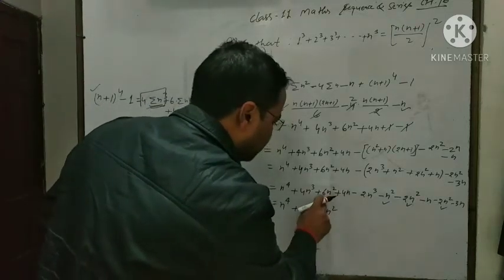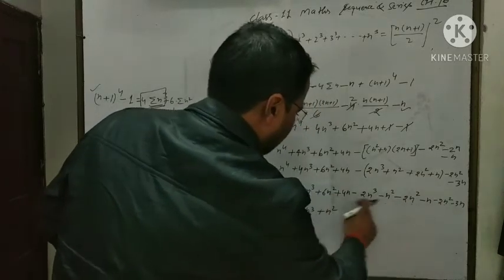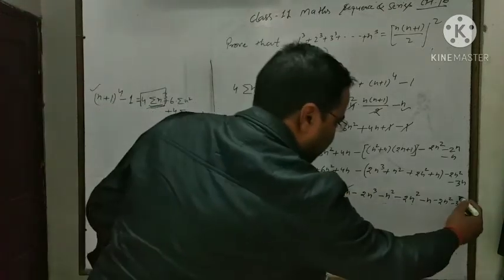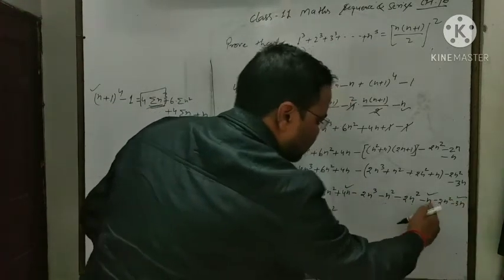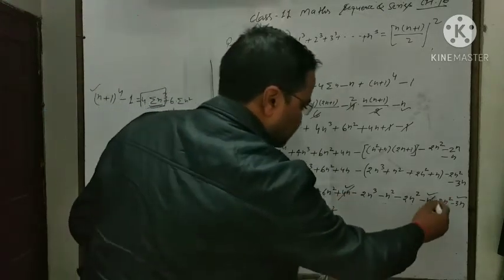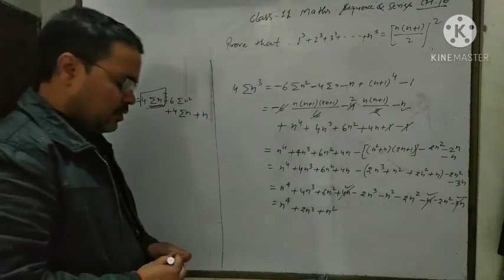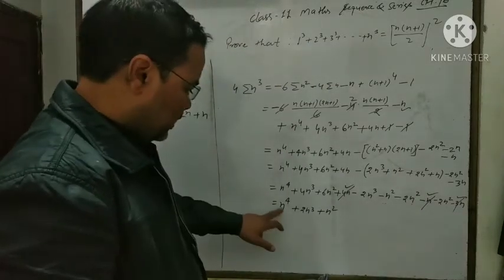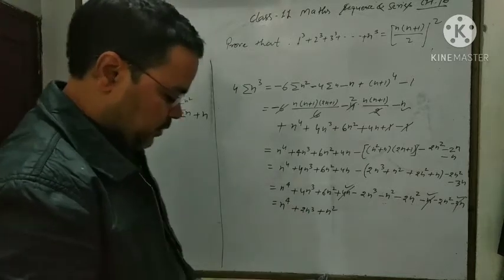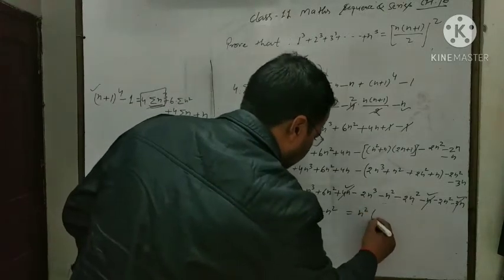Okay. Now we should discuss n. So here 4n. Here minus 3n minus n. Minus 3n and minus n is minus 4n, and here plus 4n. It means this and this will be cancelled. It means finally we will get n raised to the power 4 plus 2n cube plus n square. Now we have to take common n square.